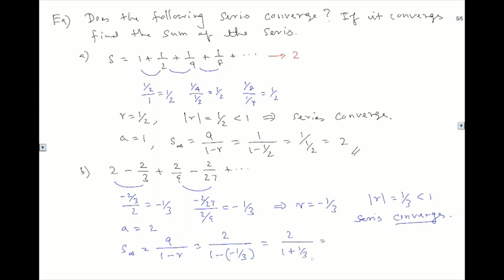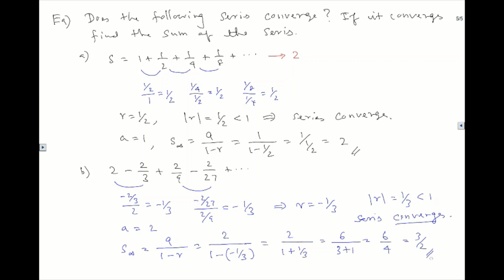If you multiply the top and bottom by 3, you get 6 over 3 plus 1, so that means 6 over 4, that means 3 over 2. So it's going to converge to 3/2. That's the total sum you get at the end.